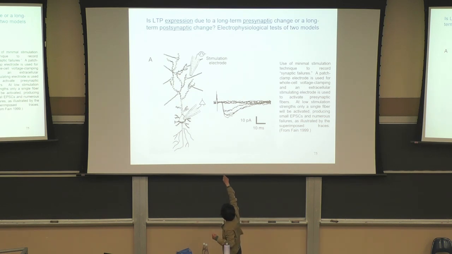Here they're stimulating some afferent inputs with the stimulation electrode, and recording with the recording electrode that is patch clamping this cell. If you put in strong stimulation, you see a big response, and then with weak stimulation, you reach this interesting point where the stimulation is so weak that it's stimulating only one or a very small number of synapses.